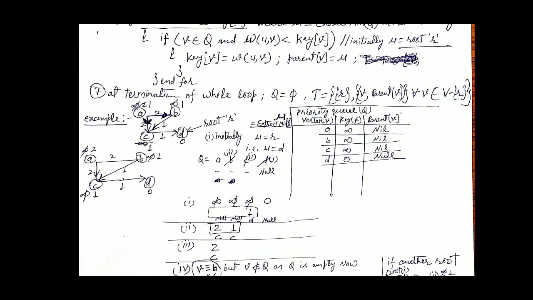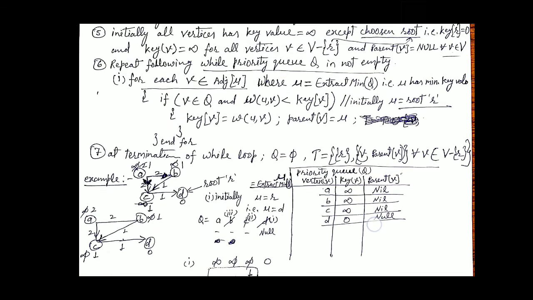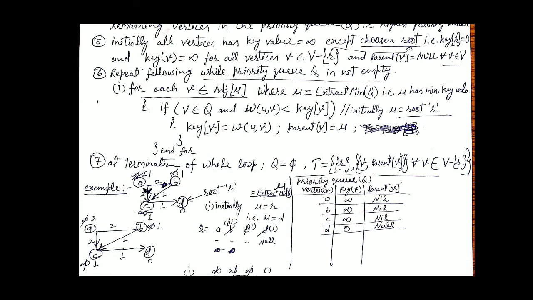You can see in the example that initially we have taken D as the root vertex, and its key value is 0, and the remaining vertices have infinity as the key value.